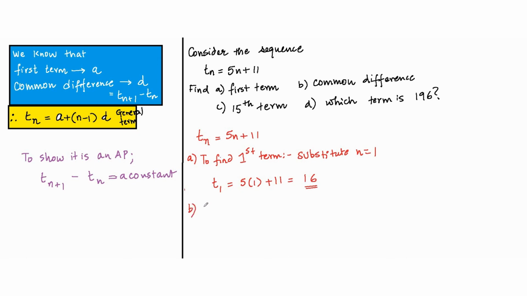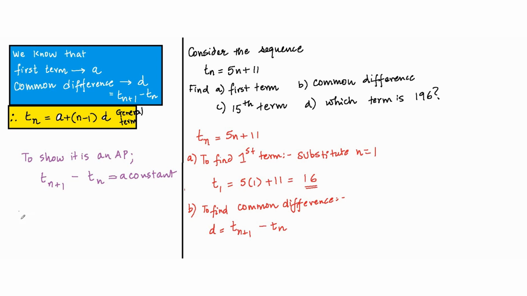Let us now find the common difference. I know that I can find the common difference d as the difference between the n plus 1th term and the nth term. So what is the nth term? Let us now find the n plus 1th term.